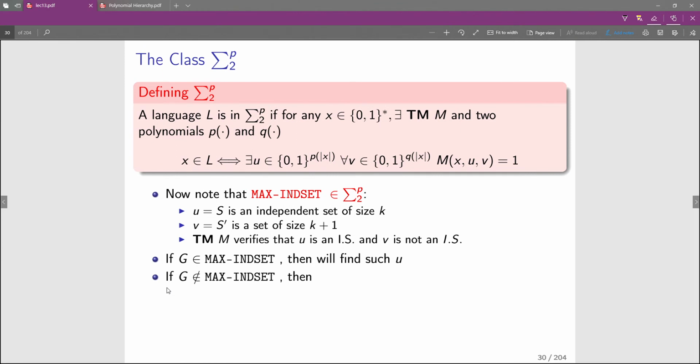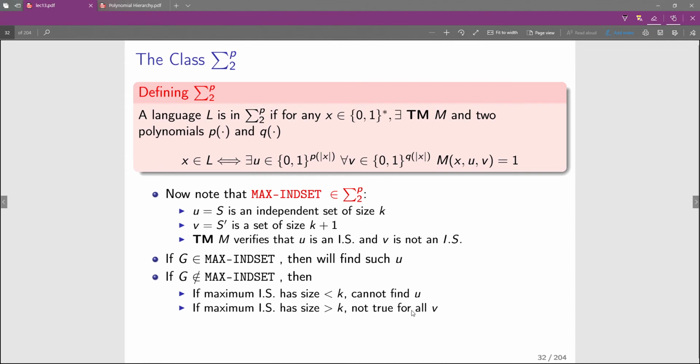Then either your maximum independent set value will be less than K, or it will be greater than K. If it is less than K, you won't be able to find U; the first certificate won't verify it. If it is greater than K, then one of the V will reject it.